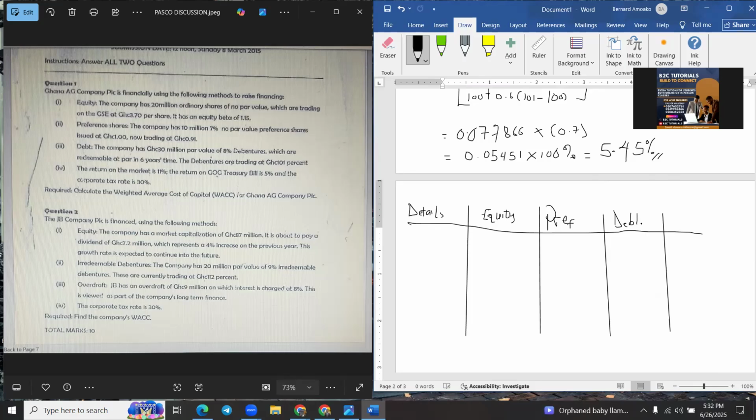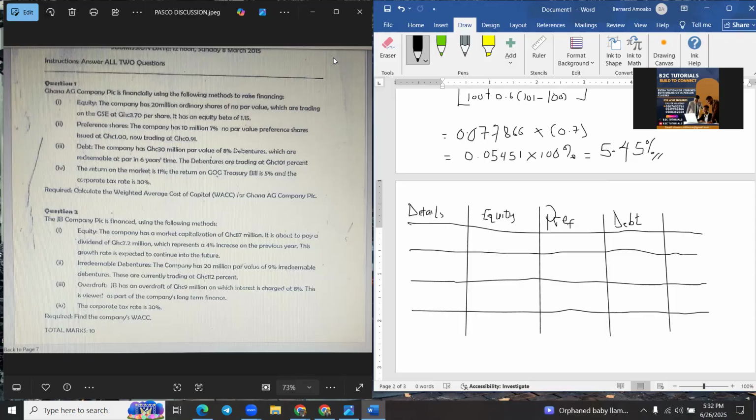So the formula says that we need to multiply something by something and divide it by something, and then something will give us the something. So what is the something we are talking about? That is what I am going to write next for you.